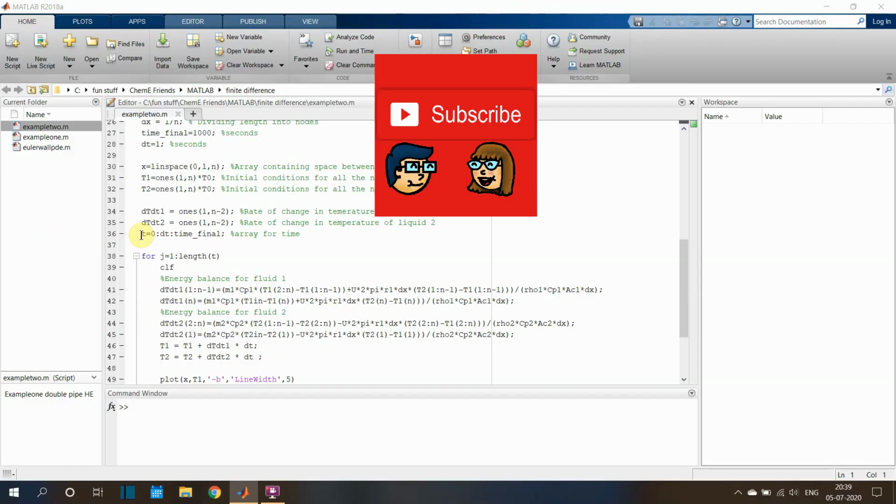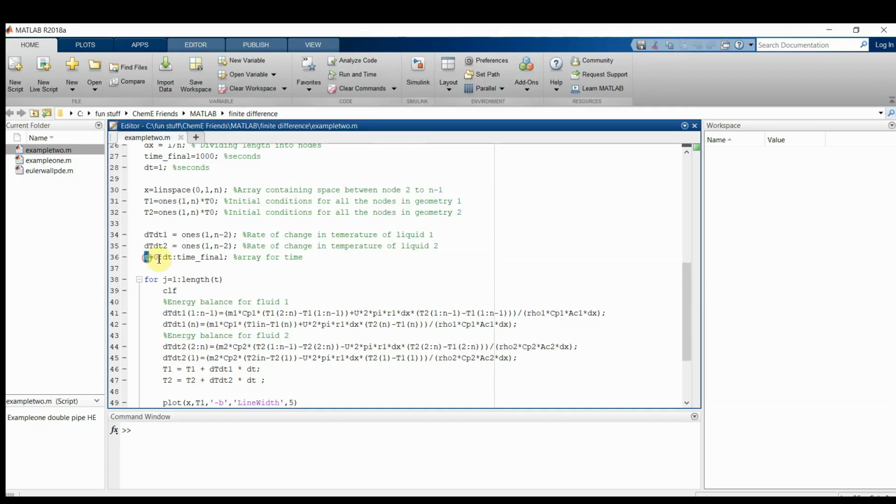We are also creating an array for t, where t ranges from 0 to time final with step change of dt. We have already specified that the step change is 1 and time final is equal to 1000. So we will be observing how the temperature changes with respect to time as well as length of the double pipe heat exchanger. This is why we have made it.